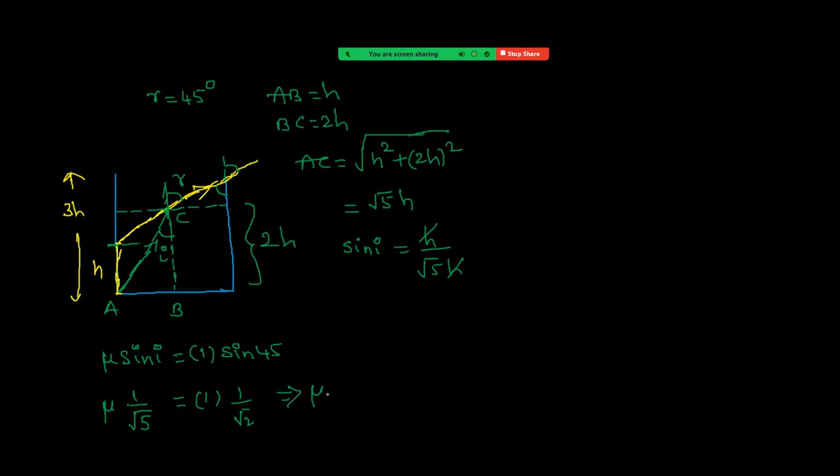From this we get the mu value as root of 5 by 2. Okay. So it is mainly based on geometry. First write the given condition, and we are directly able to see. Next, after filling liquid up to a height of 2h, he is now able to see the bottom end of the rod. So taking the geometry, we can get the answer.